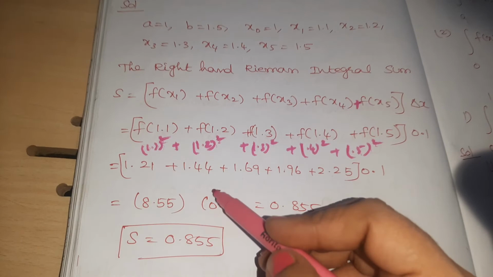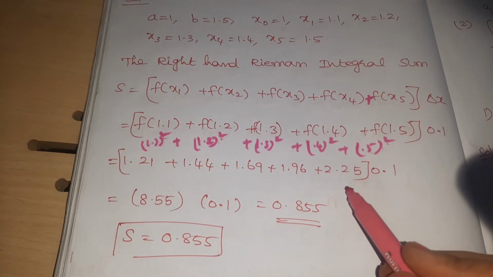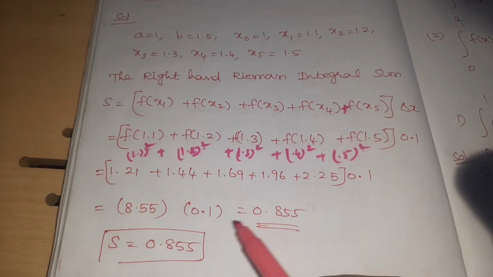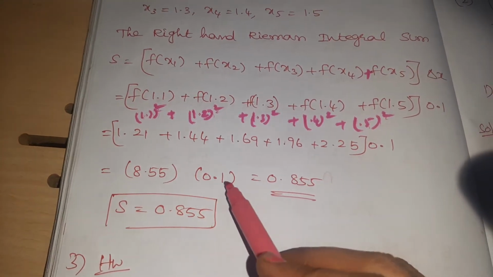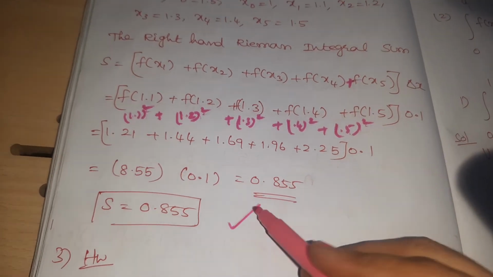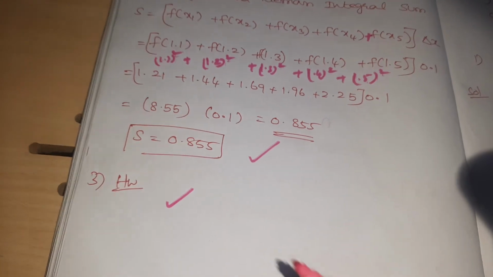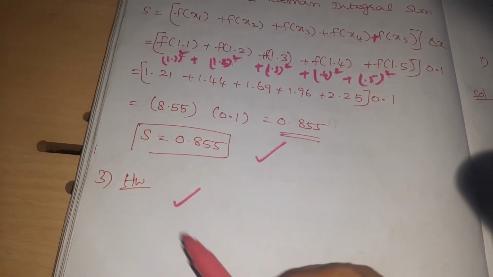So this is 1.21, 1.44, 1.69, 1.96, 2.25, into 0.1. So 8.55 into 0.1 is 0.855. So this will be the answer. The third sum, you can try as homework. It is a midpoint Riemann integral.